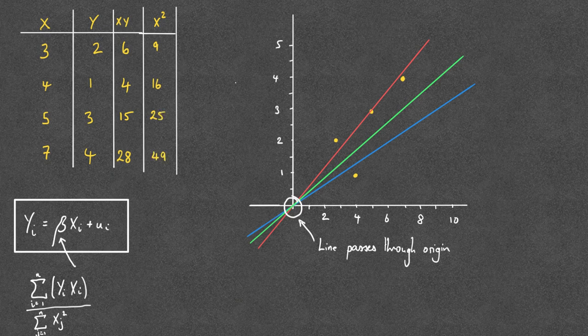So if we now substitute these numbers into our OLS estimator, the numerator is just equal to the sum of the yx's, so it's going to be 6 plus 4 plus 15 plus 28. And similarly, the denominator will be just equal to the sum of the x squared, which is 9 plus 16 plus 25 plus 49.